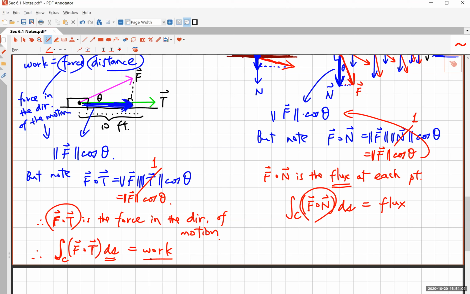Okay, so work is the integral of F dot T, and the flux is the integral of F dot N. We'll be spending a lot of time on F dot T and F dot N throughout this chapter, and that is really at the center of vector calculus or vector analysis, which is the major topic, which is what chapter 6 is all about.